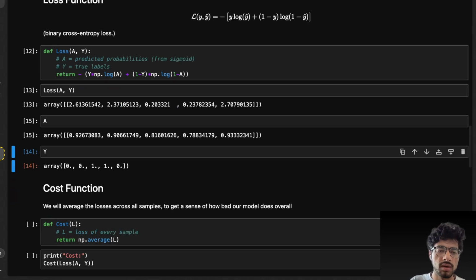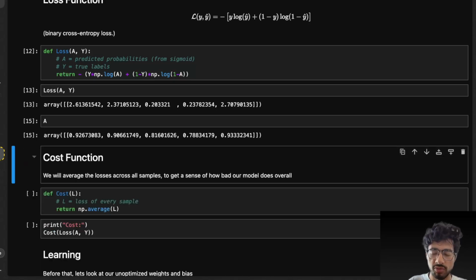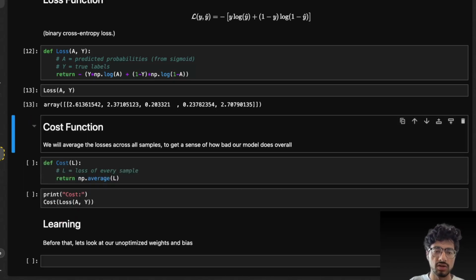Now if you look, our prediction for the first one is 0.92, which is way off from our truth value. That's why the loss is significantly larger as compared to, let's say, the training example where we are only off by around 0.2, 0.19. So that's basically a little of the intuition behind the loss function.